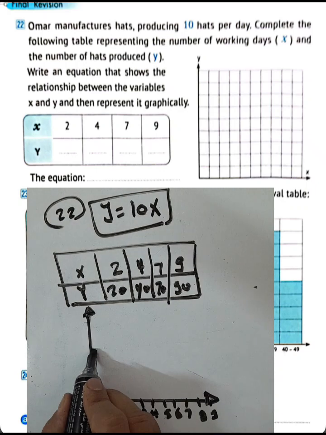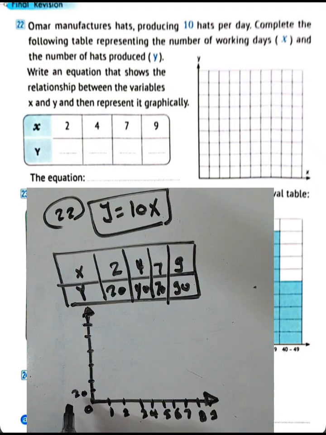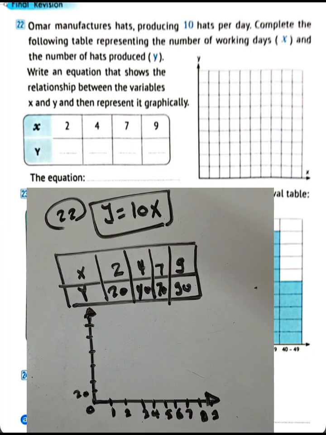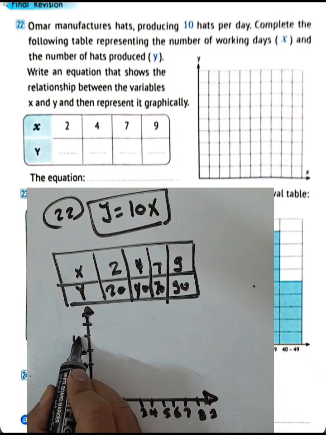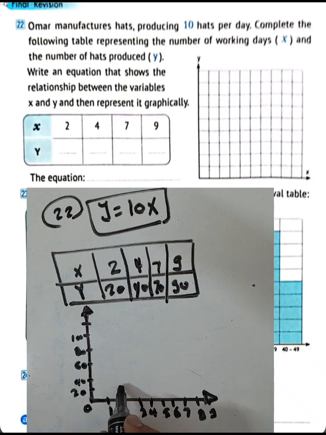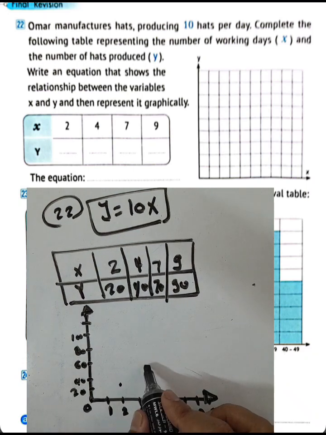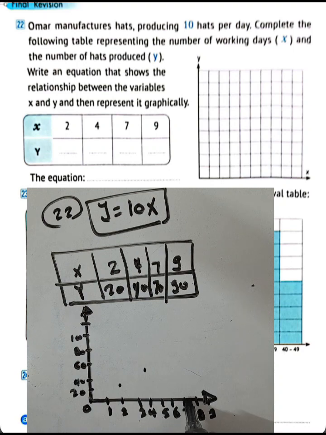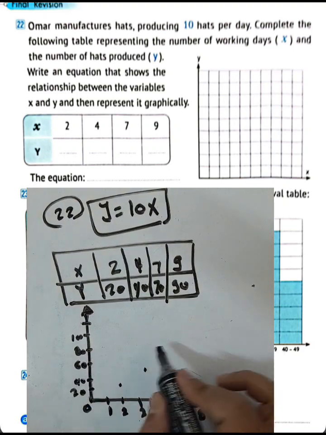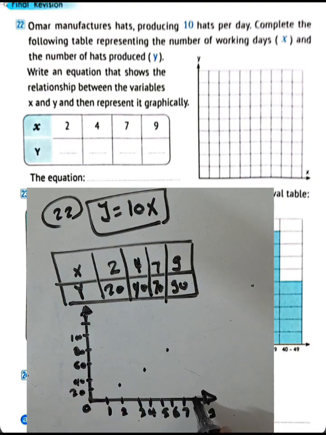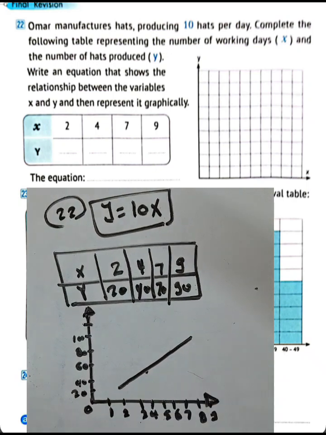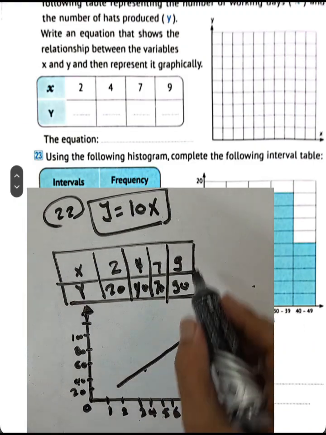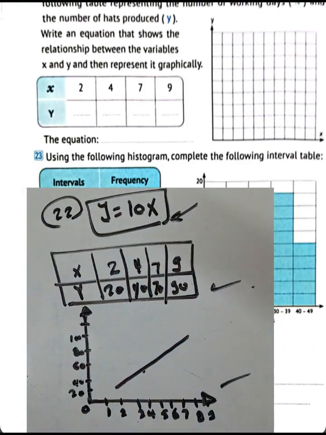Okay, write 20, 40, 60, 80, 100. 2 to 20, and 4 to 40, and 7 to 70. 70 lies between 60 and 80, and 9 to 90, and then draw a line segment here. Okay, it's the equation, and the solution about this example.